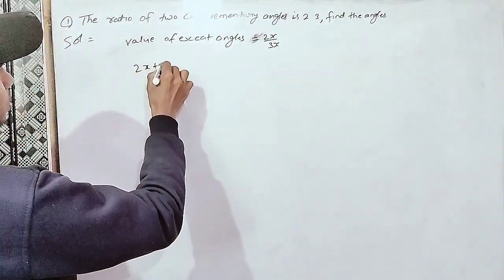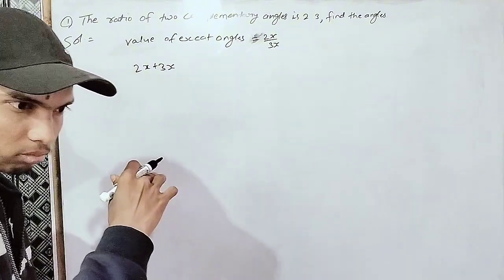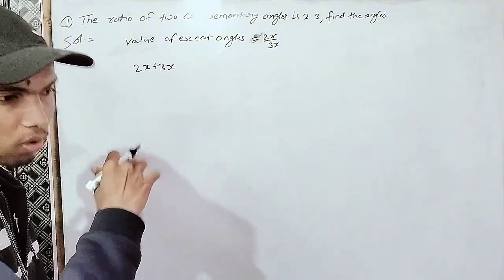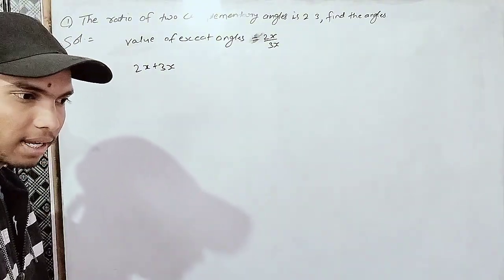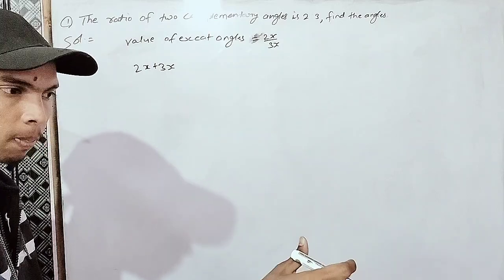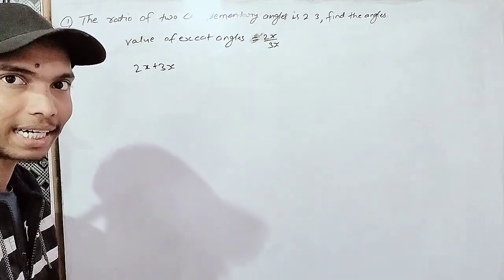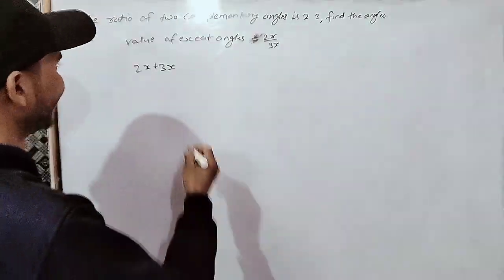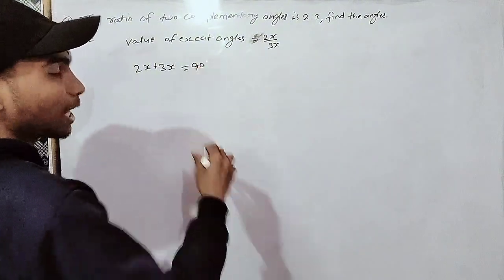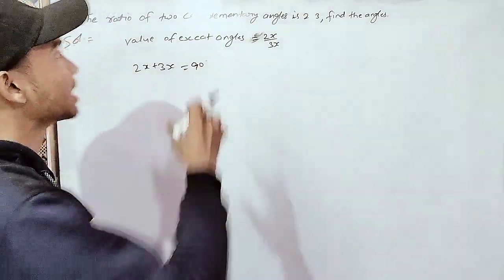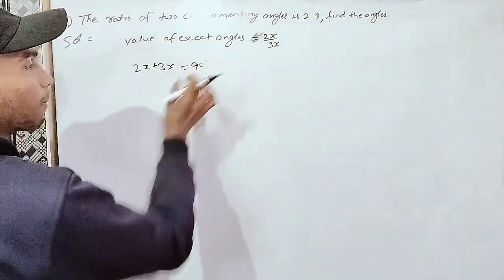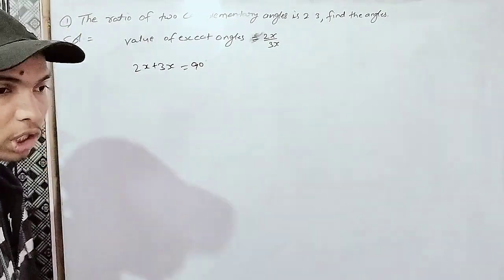As we know, whatever values you have, just add, and after adding you will get 90 degrees. We are applying 90 degrees because the question says complementary angles.